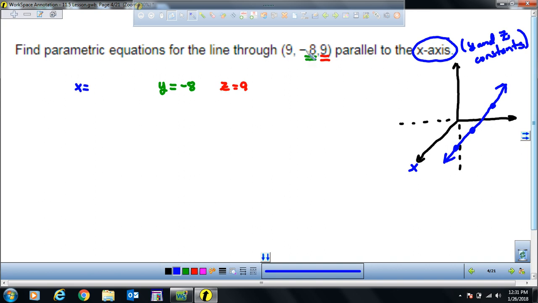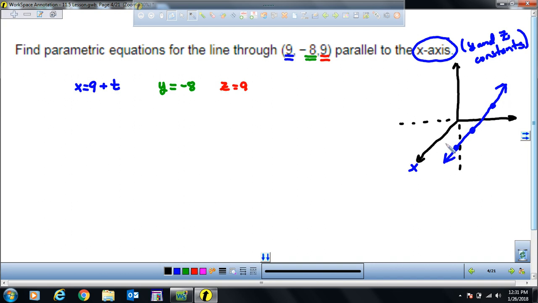So the x is going to start from this 9 right here, and it's going to be changing by some parameter t. Okay? As we increase the value of t, that's going to give us all of the changes for that value of x, where the y and the z will stay constants regardless of the value of t that we assign, and that will generate all of the points on this line that is parallel to the x-axis, keeping the y at -8 and keeping the z at 9.